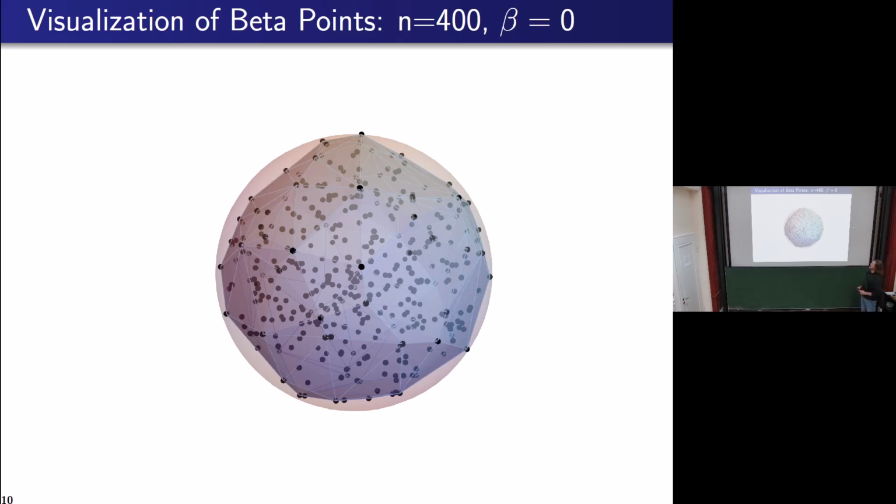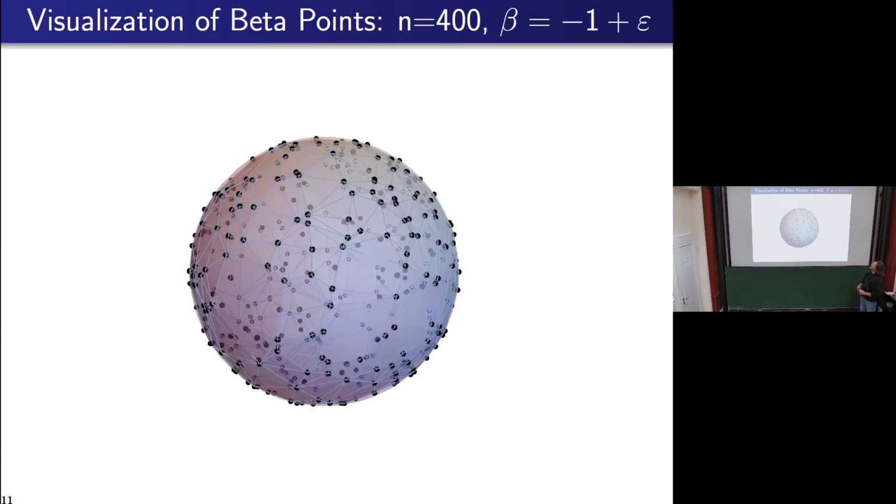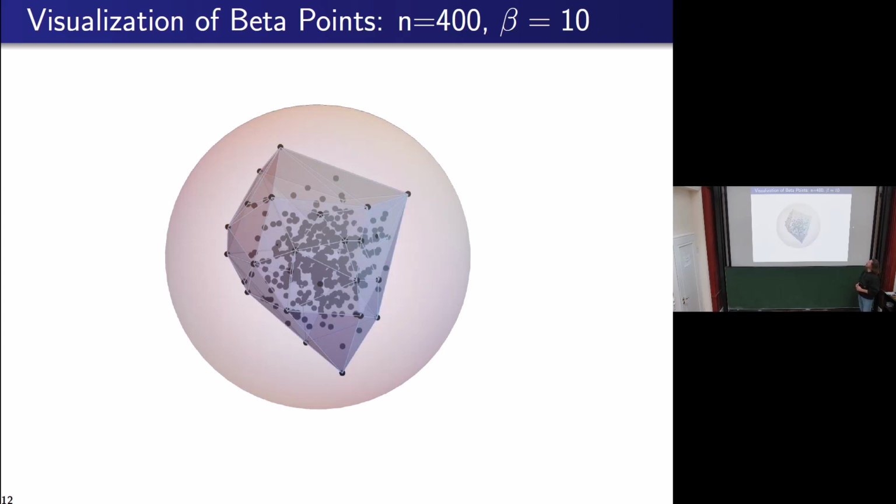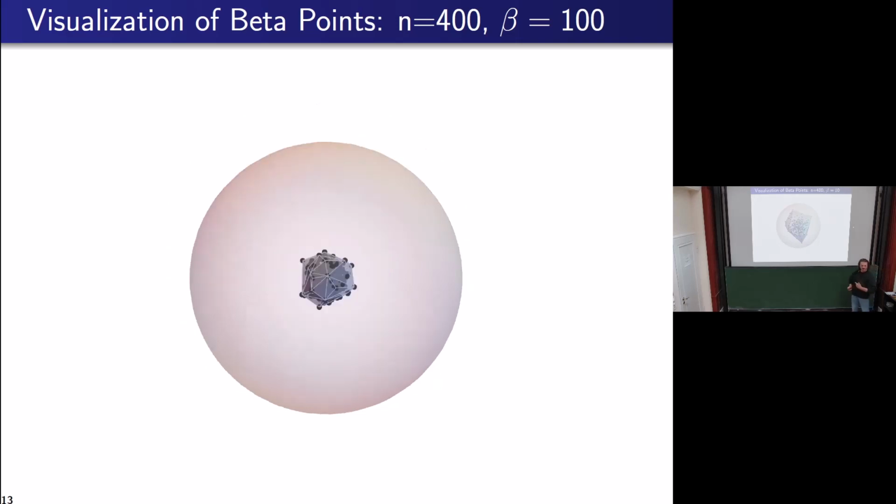Now you can see that more or less we have a uniform distribution in the unit ball. If we let beta go to -1, we can see that the points are now on the sphere. We can also play around with the beta parameter a bit more. We can increase it and see what happens. If we set beta to be 10, we are more densely around the origin. And if we increase it even more, let's say beta equal to 100, we can see that it's very, very tightly around the origin.